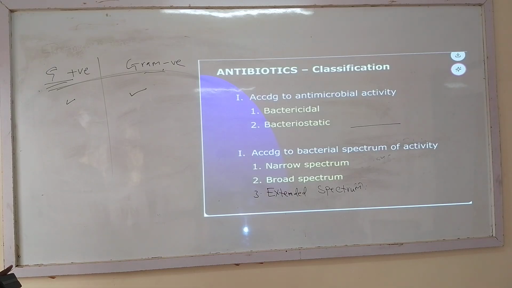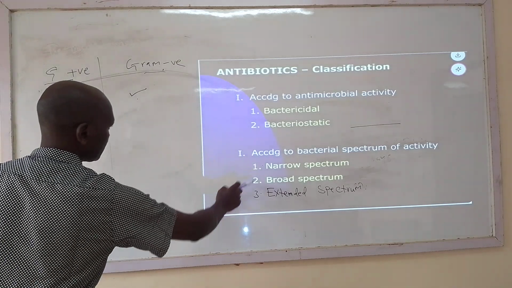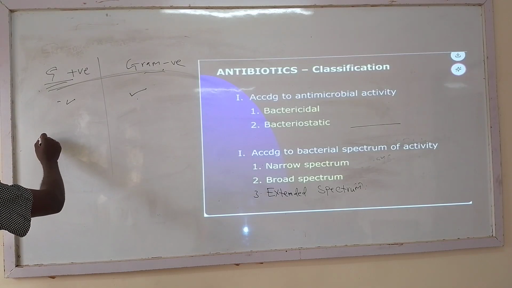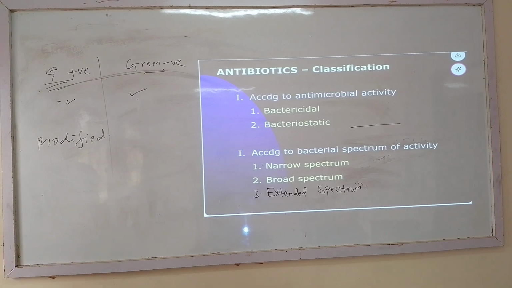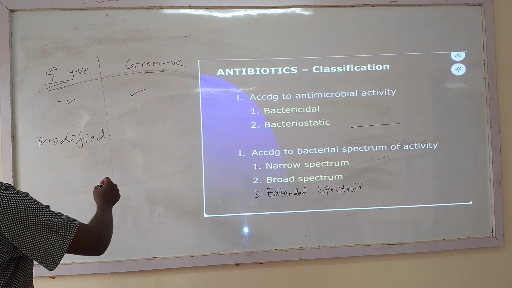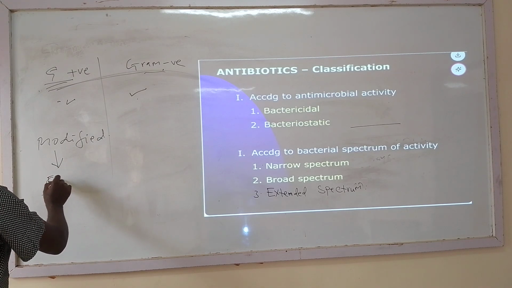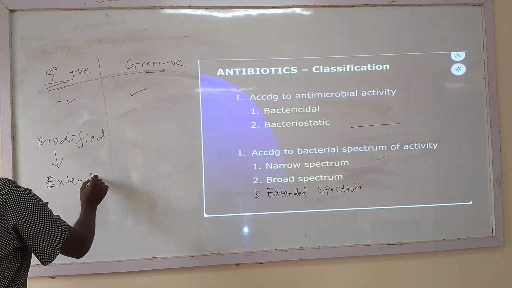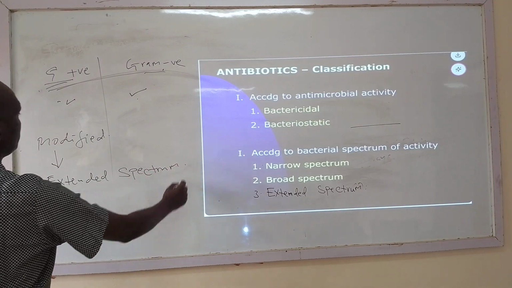And when you have antibiotics which act on either of these only, which is a narrow spectrum, and then it is modified so that it can cover the other category of bacteria, that is what we call extended spectrum.